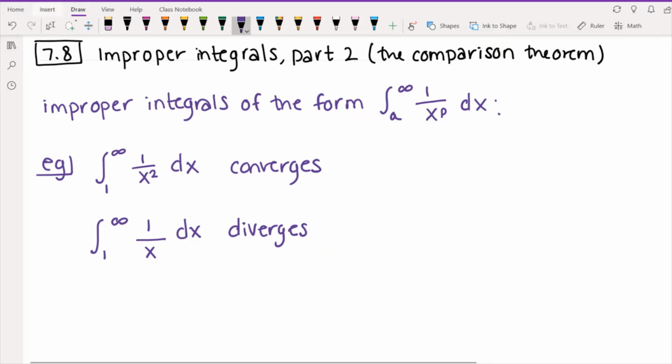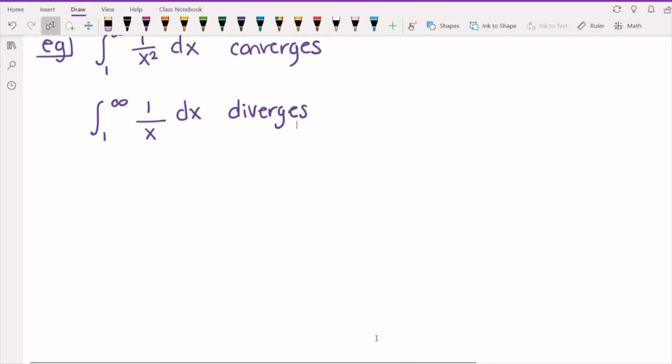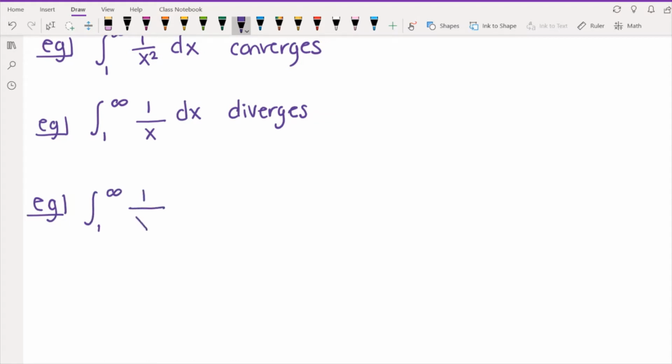So I want to look at a couple more examples, and I actually put these on the worksheet that went with the previous video, but I think they're worth going through together as well. So let's do the integral from 1 to infinity of 1 over x to the 3/2 dx.